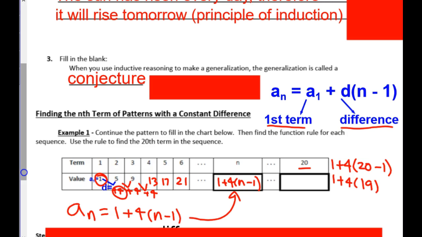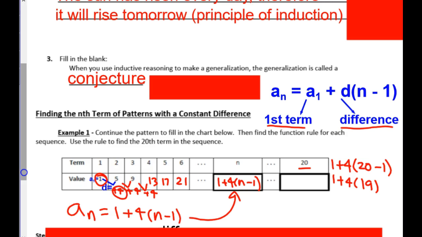So 20 minus 1 is 19. You have to do that subtraction in the parentheses first, okay? Because that's the P, parentheses. E is for exponent, no exponents. M is for multiplying, which we do have, 4 times 19. So now this comes next. 4 times 19, and I know we don't have calculators because of the SAT, but you can use your phone today.